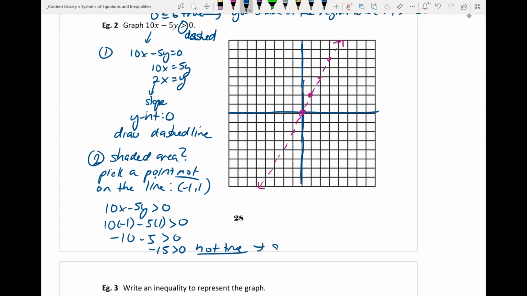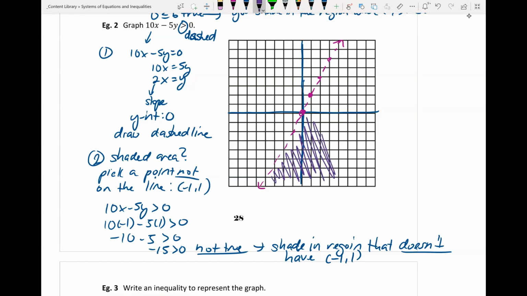So that means we're going to shade in the region that doesn't have that point. That doesn't have that negative 1, 1. So it can't be the left-hand side. It has to be the right-hand side then. This is the side that doesn't have negative 1, 1. And then we're done there.